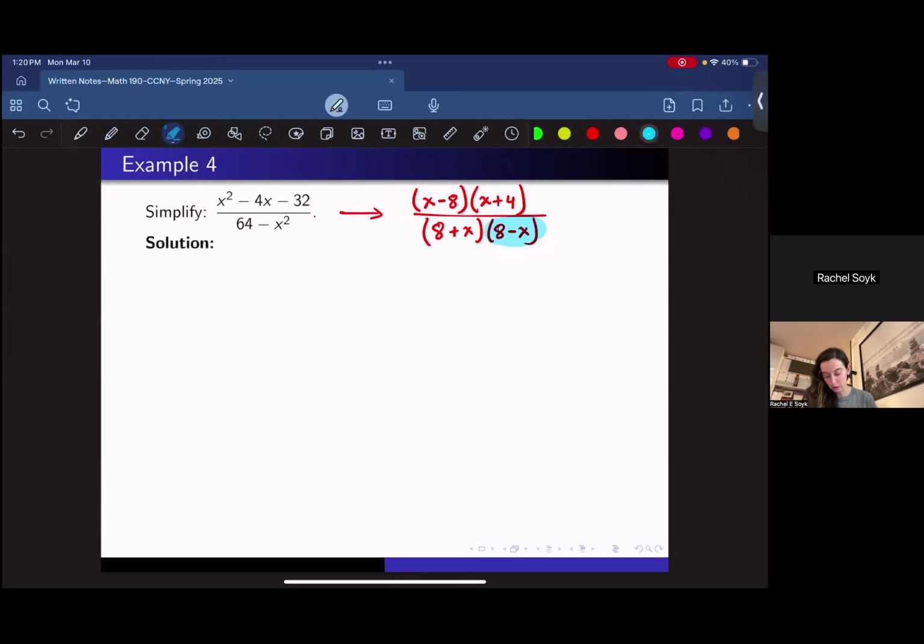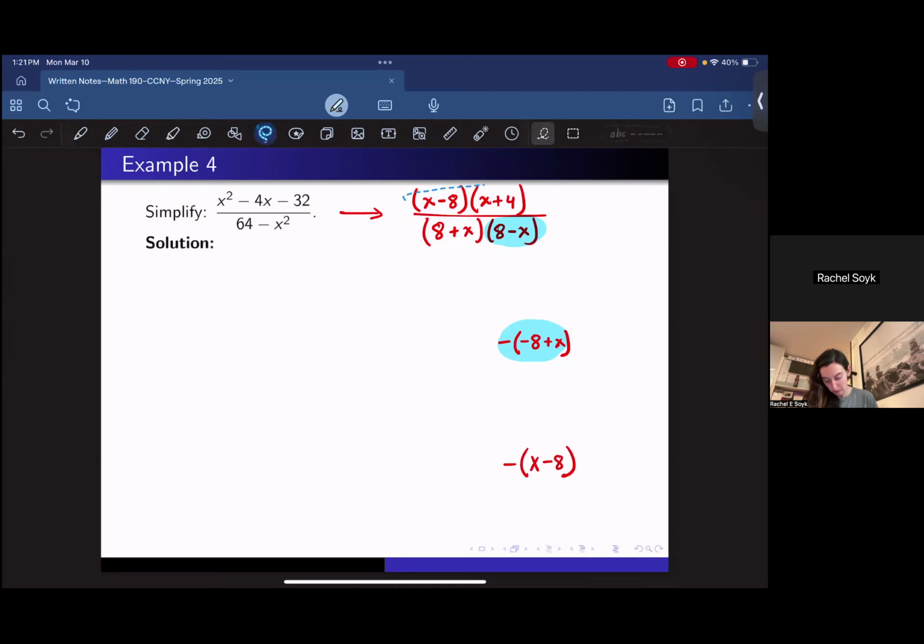bottom binomial? And when we do, if we pull out a negative value, we're now looking at negative 8 plus x. And negative 8 plus x is the same as, let's utilize our commutative property, x minus 8.